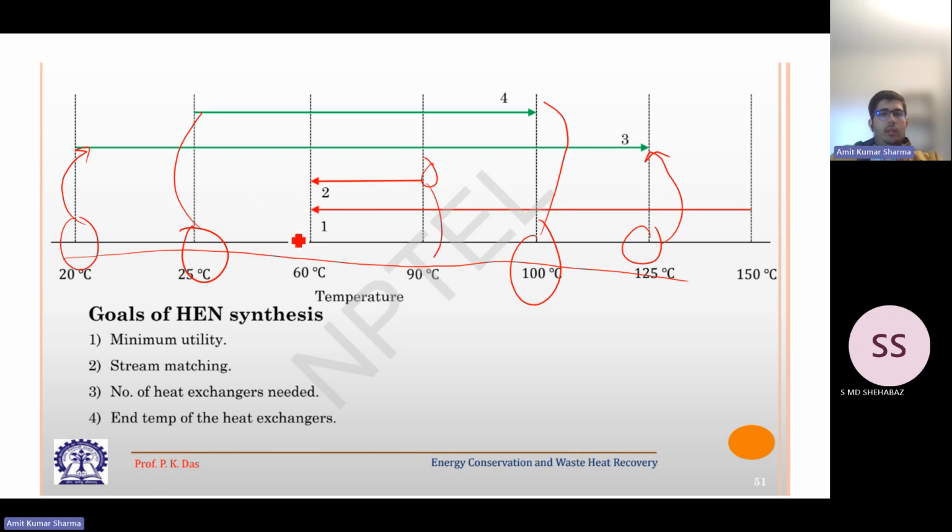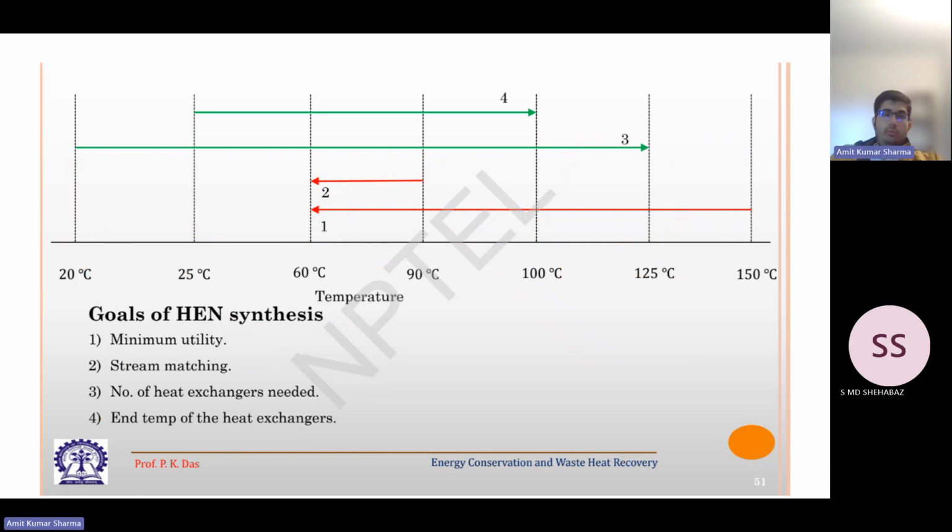This is from 90 to 60, and 150 to 60. So the goals of heat exchanger network synthesis are minimum utility, stream matching, number of heat exchangers needed, and end temperature of the heat exchangers. So these are the 4 goals to achieve.